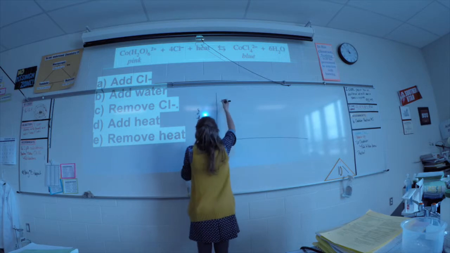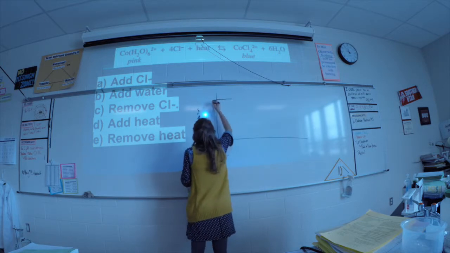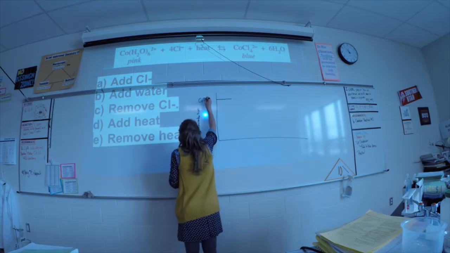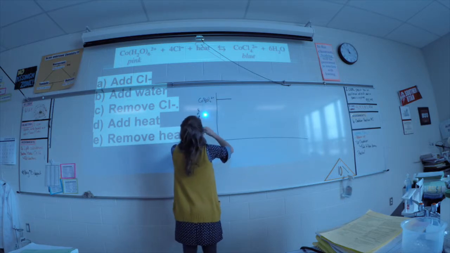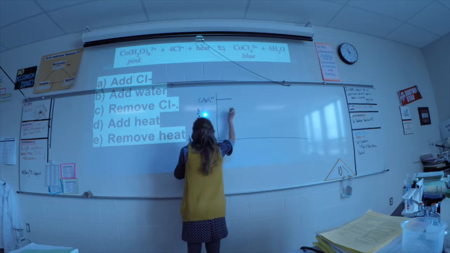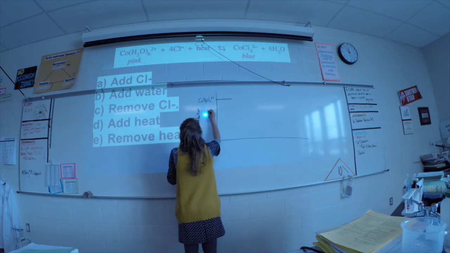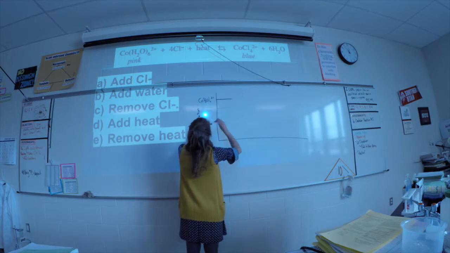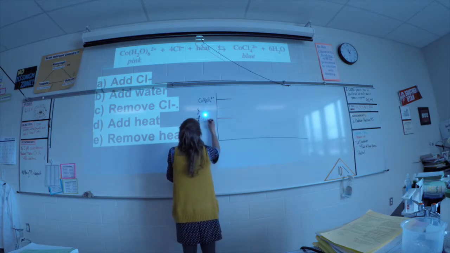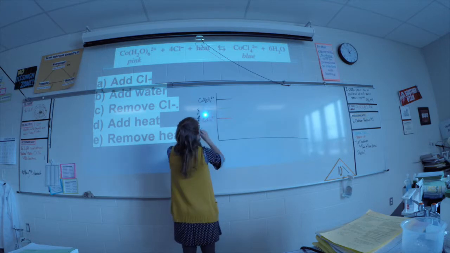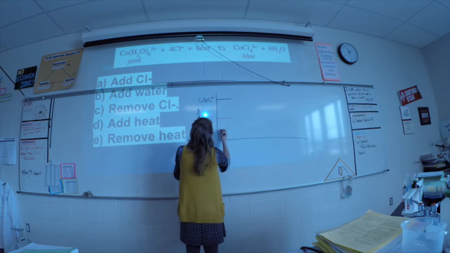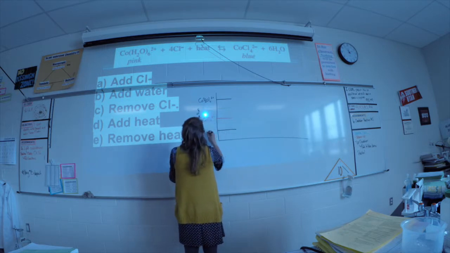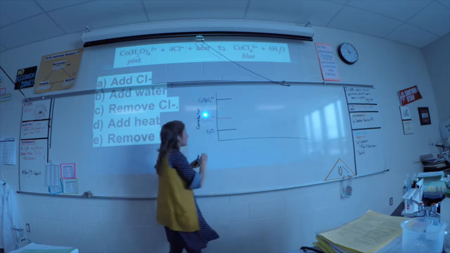Okay, so my black marker, I'm just going to do them in order. So this will be CO. Okay. My green marker will be my Cl minus. Brown marker, and then H2O.